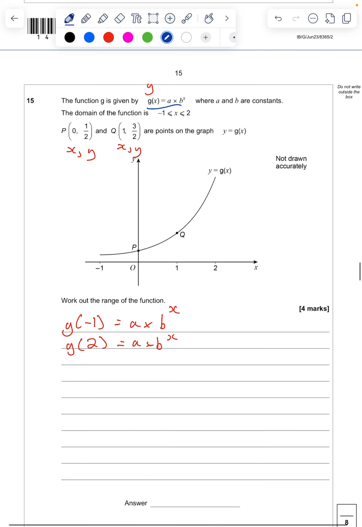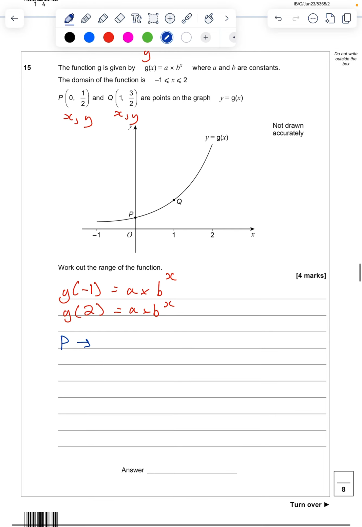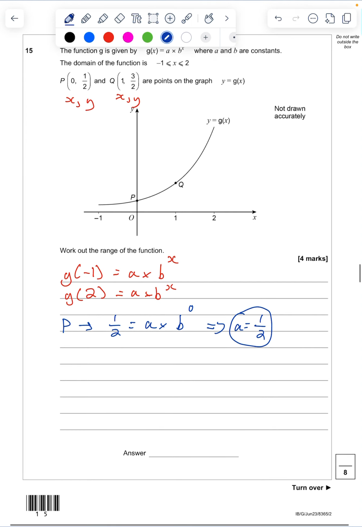By beginning with point P, putting it into the equation, y is equal to 1/2, so a half is equal to a times b to the power of x, and x is equal to 0. Now that's really useful because anything to the power of 0 is just 1, so that will just be 1 there, and we're left with a, therefore a must be equal to 1/2. That's your a value.